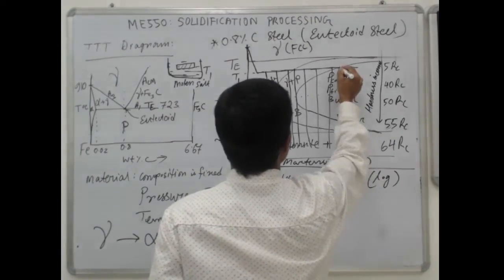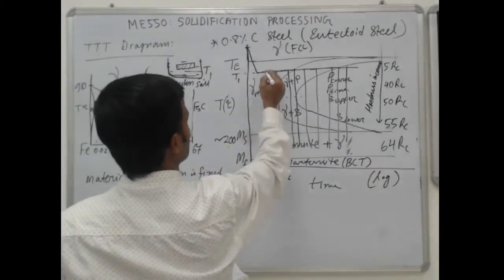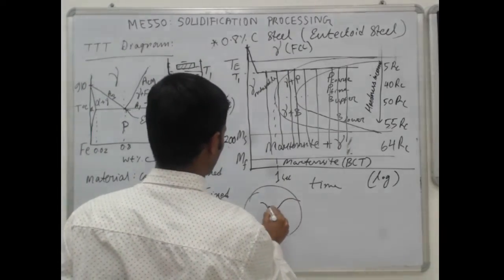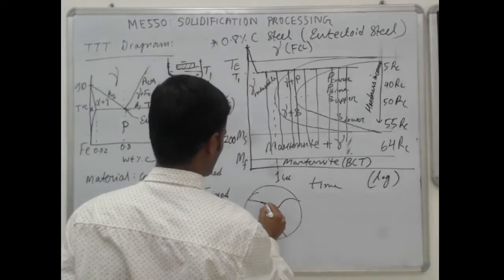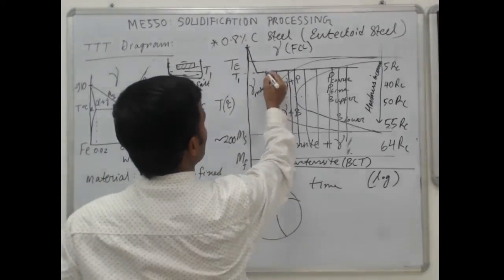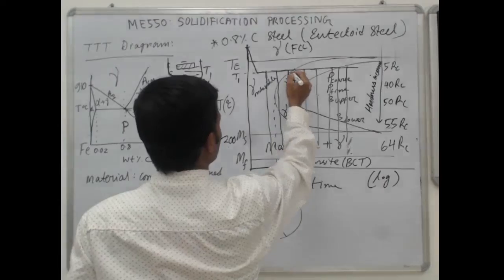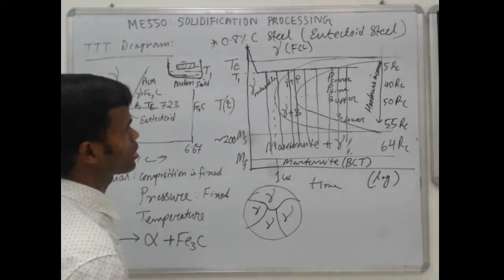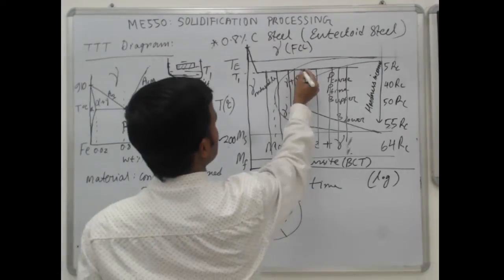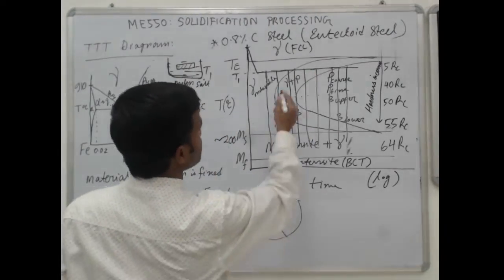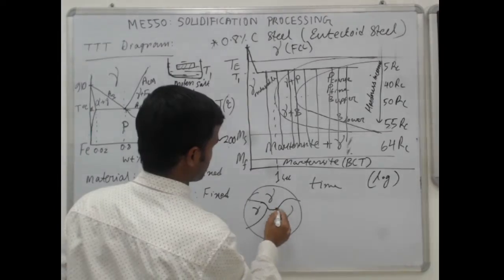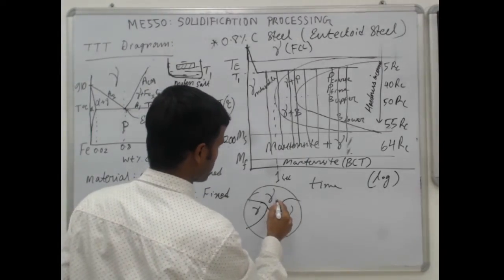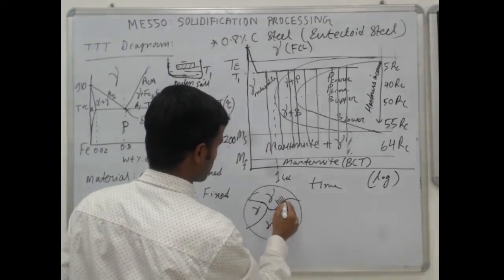So what will happen? You will realize that you have different austenite grains. Until you come here, everything will be austenite only. There will be no transformation. Once you cross this line, then you will see some pearlite formation. It will look something like this.